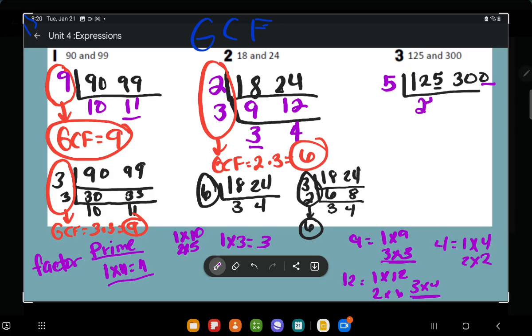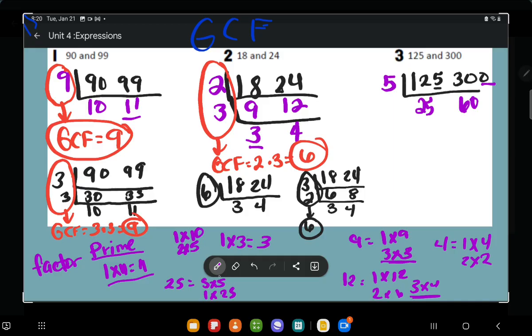Okay. And then 300 divided by 5 is 60. Now I know that 25 is not prime because I know that 5 times 5 is 25 and 1 times 25. So that's not prime, and we know 60 is not prime. There's a lot of ways to make 60.